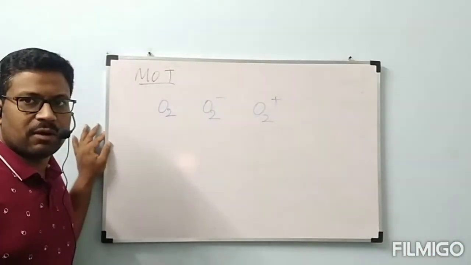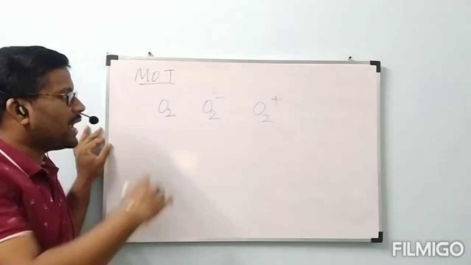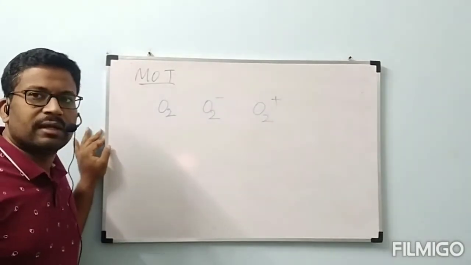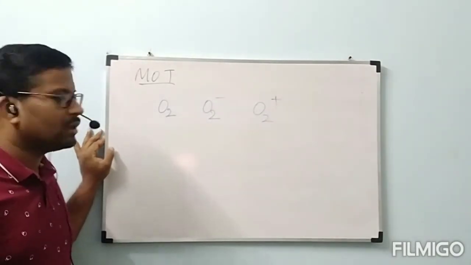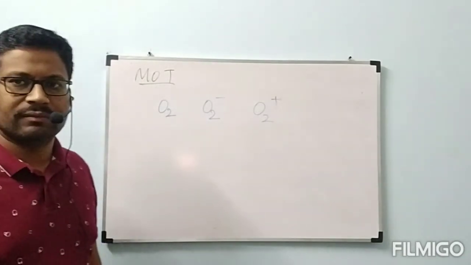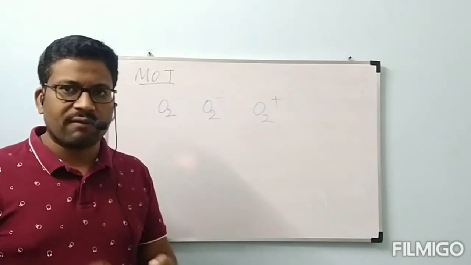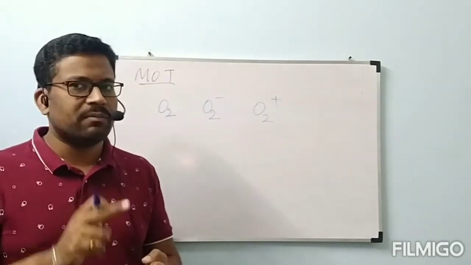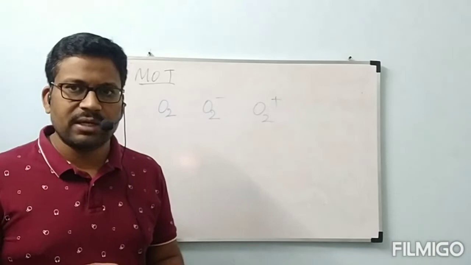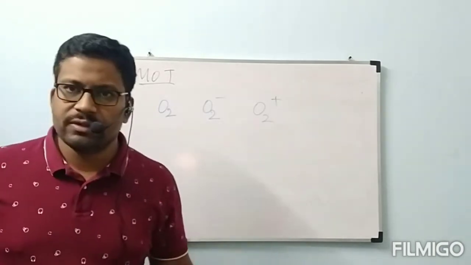Like this they gave 3 species: 2 ions and 1 molecule. Now the first question is whether these exist or not. That is easy. First we will write the configuration. After writing the configuration, we have to find the bond order, (Nb minus Na) by 2, for these three individually.